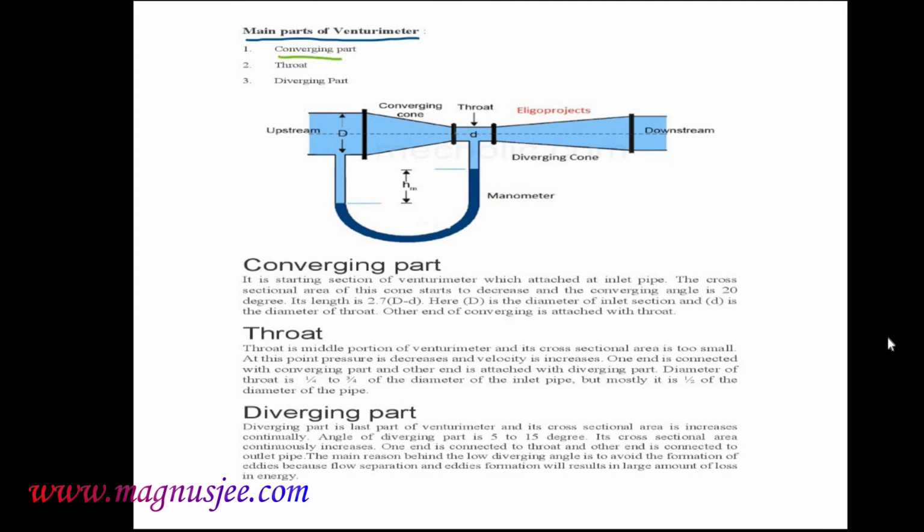Now we can explain the construction of Venturi meter. There are three parts. One is the converging part, second is the throat, and third is the diverging part. The first part is the converging part, having decreasing area of cross section.